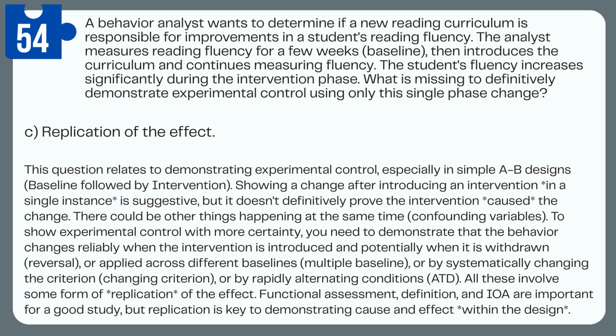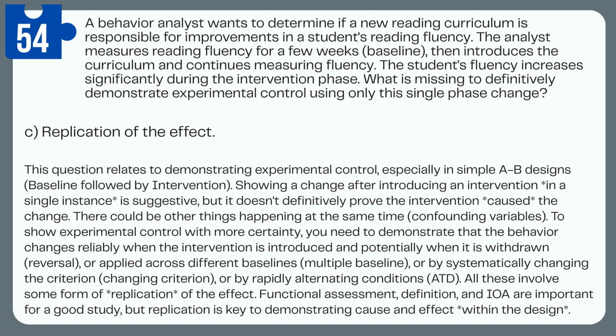Answer: C. Replication of the effect. This question relates to demonstrating experimental control, especially in simple A/B designs, baseline followed by intervention. Showing a change after introducing an intervention in a single instance is suggestive, but it doesn't definitively prove the intervention caused the change. There could be other things happening at the same time, confounding variables.